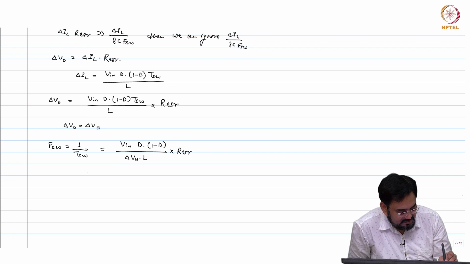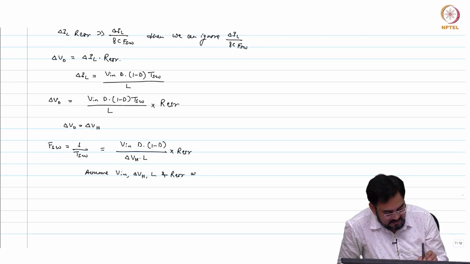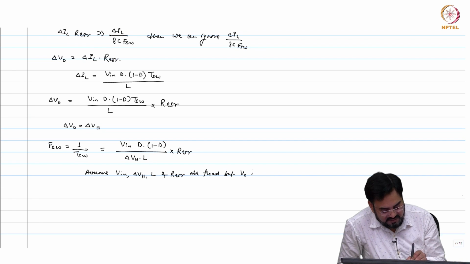Assume V in, delta VH, L and RESR are fixed, but V out is variable.